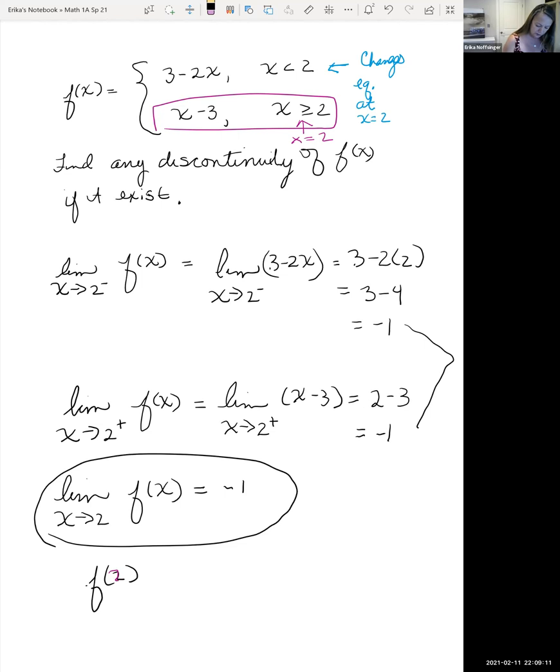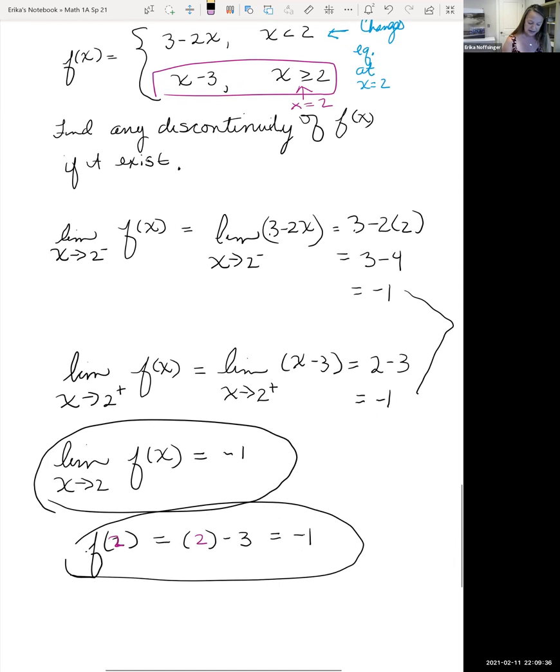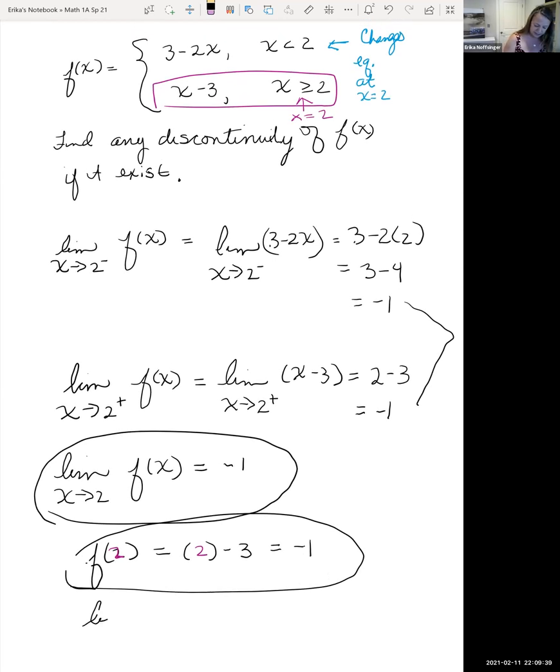So f of 2, I would plug into my second equation, which is 2 minus 3, and 2 minus 3 gives us negative 1. So it does exist at that x value. And we just showed that that's the same value as the limit. So the limit as x approaches 2 of f of x is the same thing as f of 2.